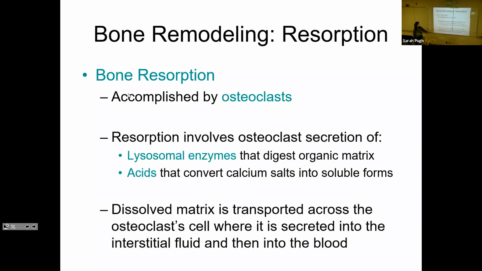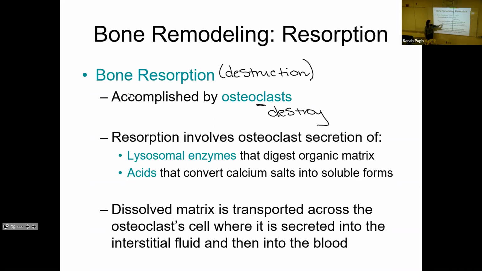Bone resorption is the destruction of bone. We're going to reabsorb it. And this is accomplished by osteoclasts. Remember, CD. Clasts destroy.